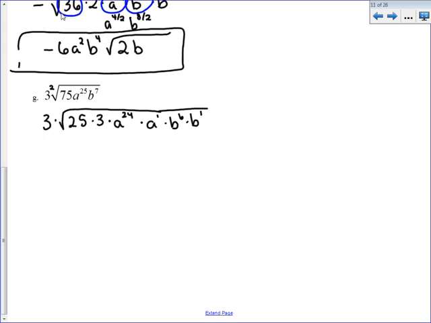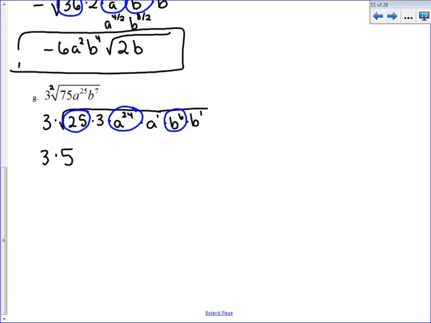So let's go through now and simplify the ones that I've got. I always write them first. You don't have to. All of those perfects. So I've got the 3 times from the original problem. And then what's the square root of 25? 5. So 5 comes out front.